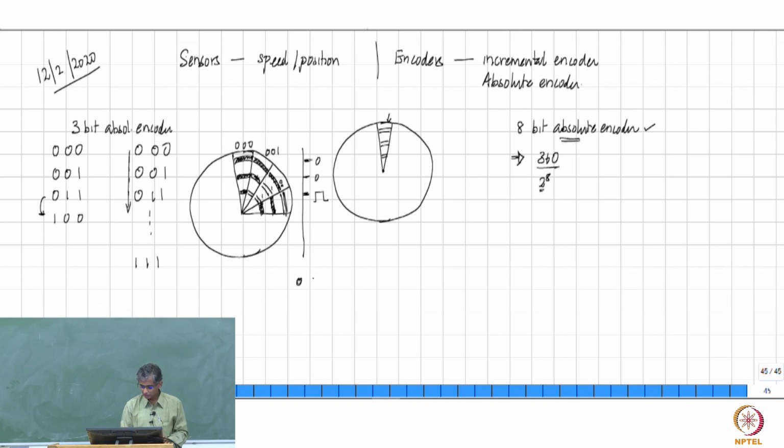So you go from 0, 1, 1 to 0, 0, 1. That is assuming that this slot has not happened exactly at this edge, but it's a little further away. That means the 0 here will last for a little longer time.